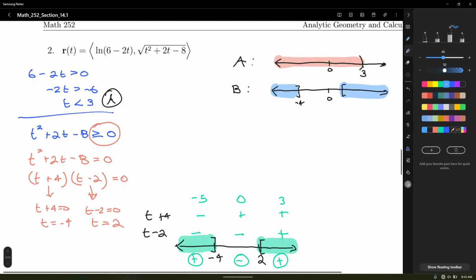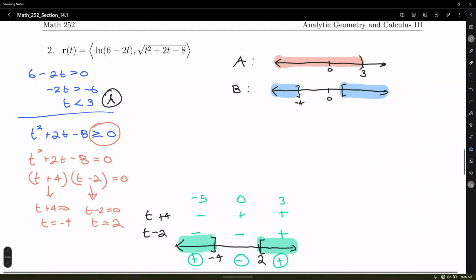All right. So we need to find the intersection, the overlap of these two sets. That is, with blue, to the right of 2 and less than 4, right?